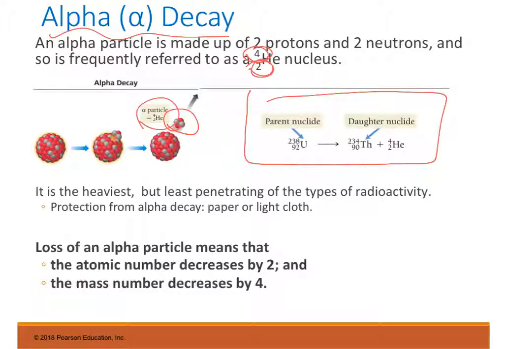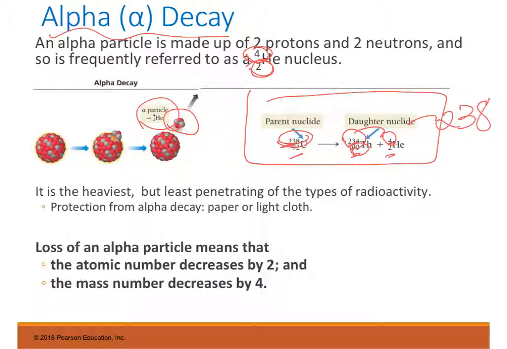So the most important thing you need to keep in mind is that the mass and the atomic number for nuclear reactions has to be balanced on both sides of the arrow. Okay? So you see on the left side, the mass is 238. Make sure that when you add together the masses on the right side, it also is 238, and it is.